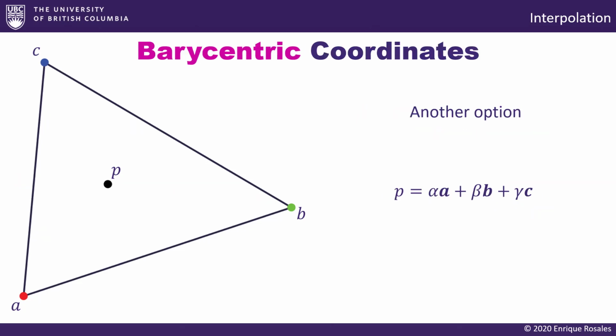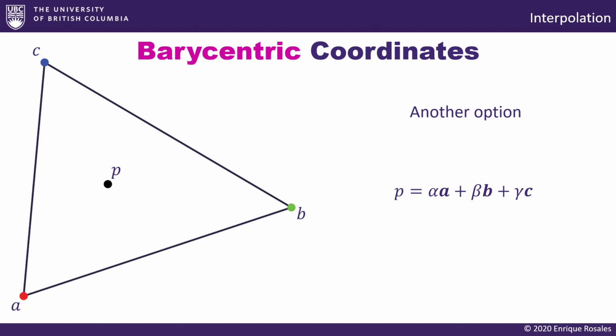Okay, so now we can do it with another option. This is just another algorithm. So bilinear interpolation is one possible algorithm. This is another algorithm called barycentric coordinates, and this is in particular very useful. It has a very interesting geometric intuition and is very useful in ray tracing.